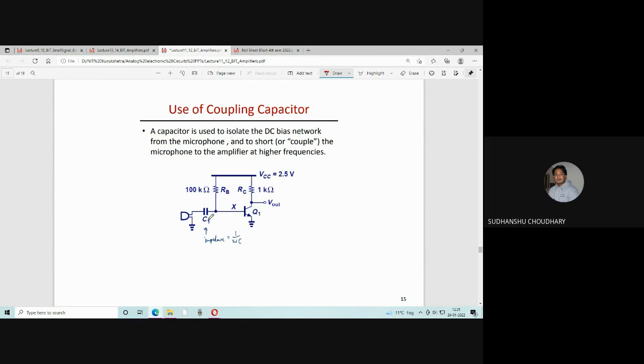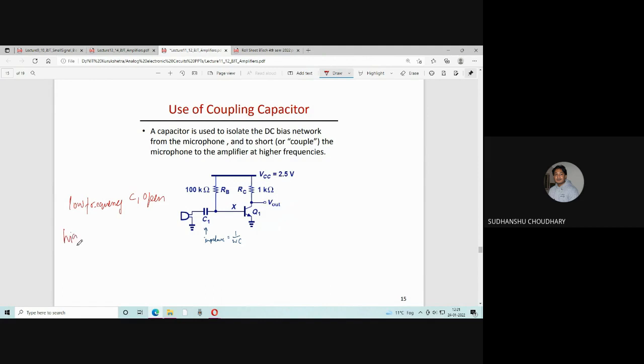Now the job of this capacitor would be that for low frequencies, it will act as an open circuit. Low frequency, C1 open. So the bias point and stability of this circuit are not affected.